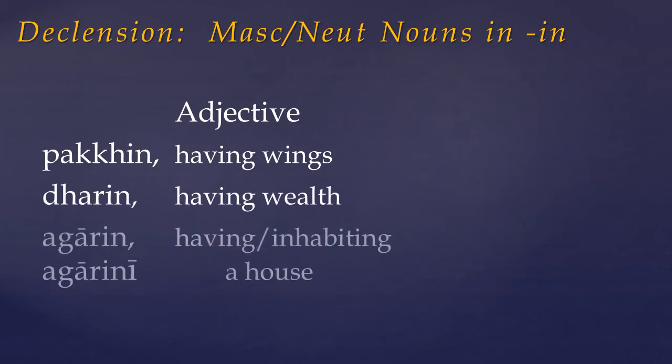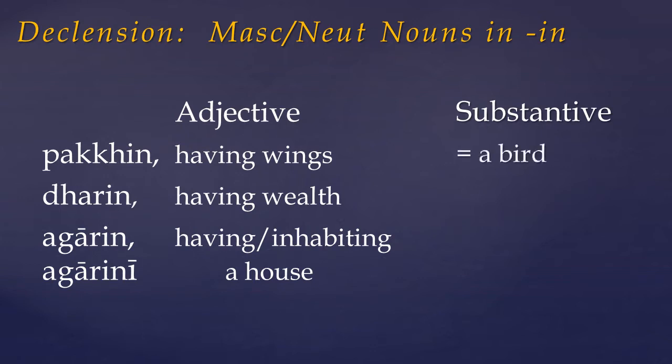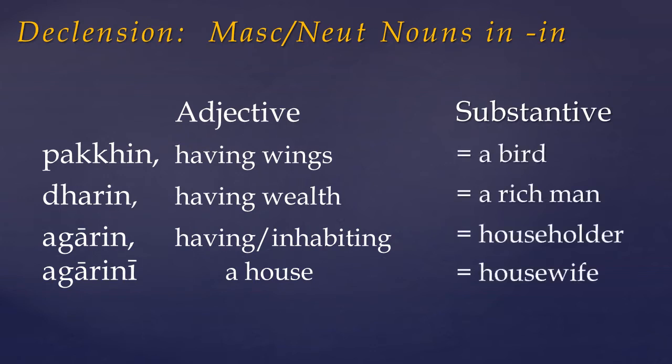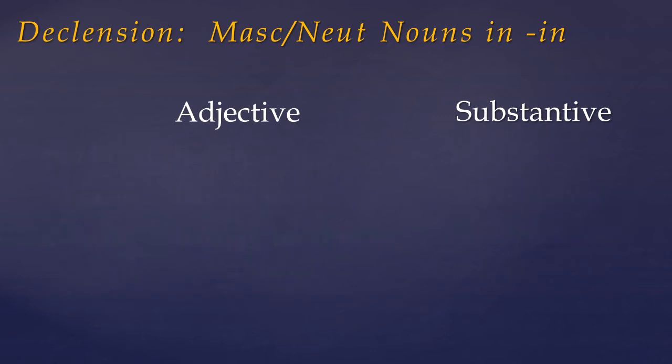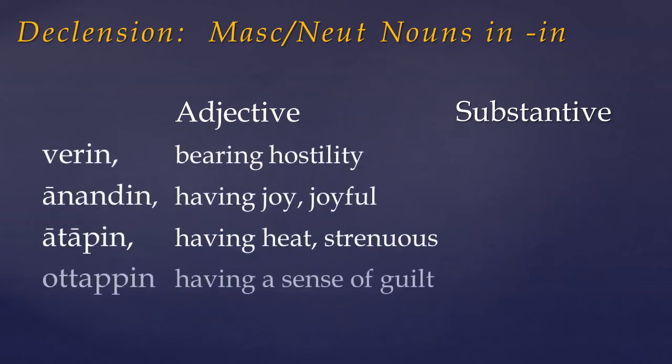And like any adjective in Pali, a possessive adjective can also stand alone as a substantive noun in its own right, in which case it means the one who possesses such a quality. So, pakkhin literally is to have wings, but more usually means a bird. And this ending is often found with emotional terms.